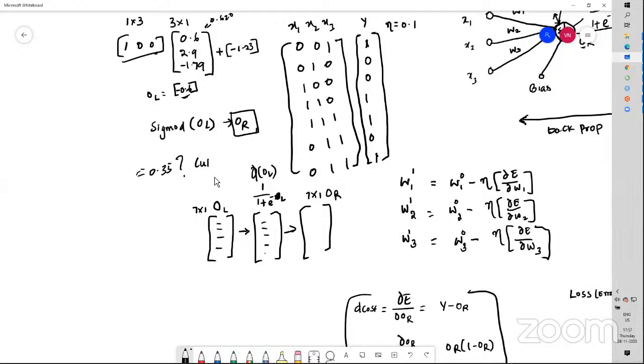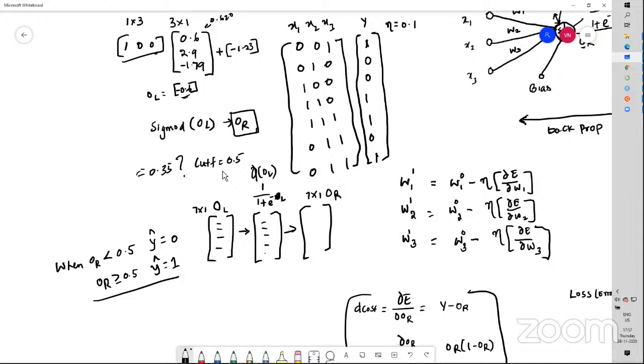Think of the cutoff as 0.5. When OR is less than 0.5, our prediction y hat is equal to 0. When OR is greater than or equal to 0.5, our prediction y hat is equal to 1. This is very common. That's why I said you need to understand some of the concepts of machine learning. This is how we use probabilities in machine learning.